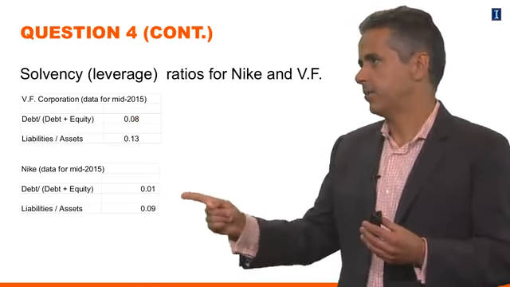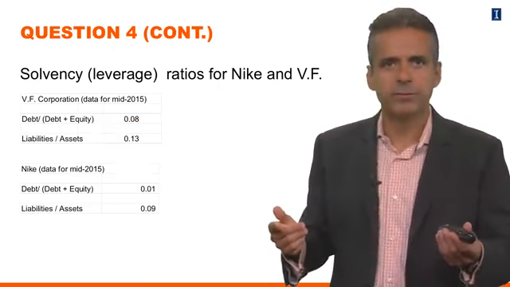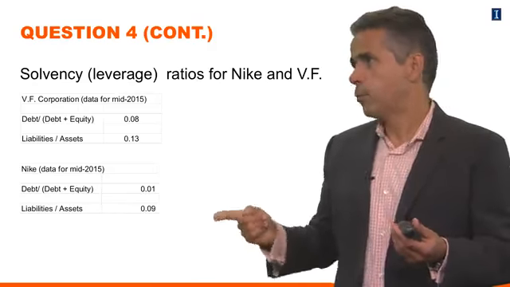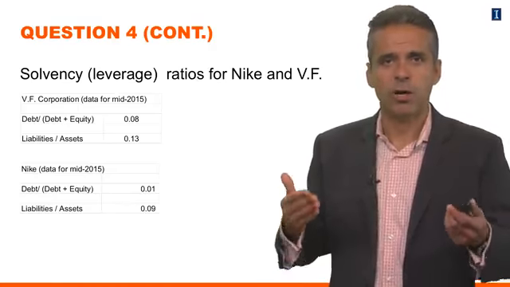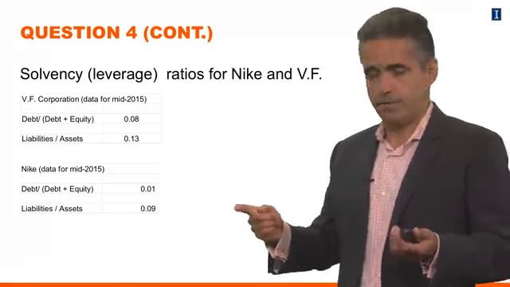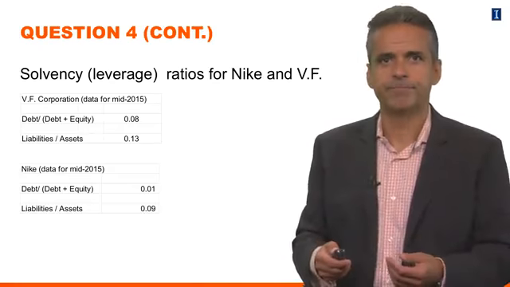Debt divided by debt plus equity, and liabilities over assets. These are the numbers you should have found, okay? And if you look at these numbers, you see that both companies have relatively low leverage ratios, right? Nike has lower leverage ratios than VF Corporation, okay?